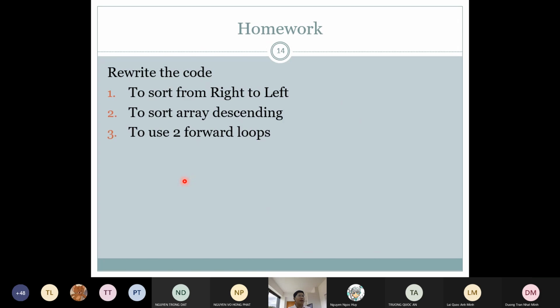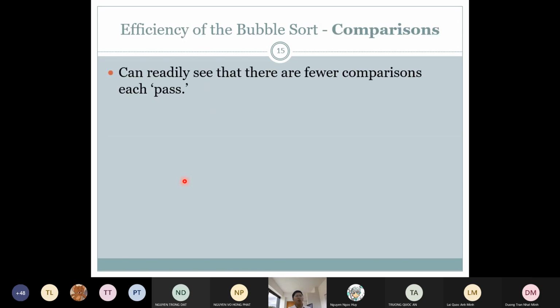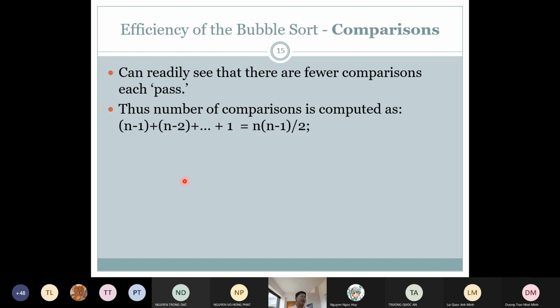Okay. Now what we try to do is see, after we do the bubble sort manually and then implement it, that we have fewer comparisons after each pass or iteration. It means the number of items we have to compare gets smaller and smaller.